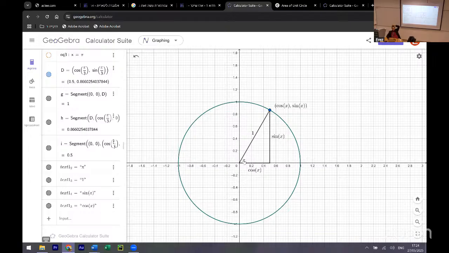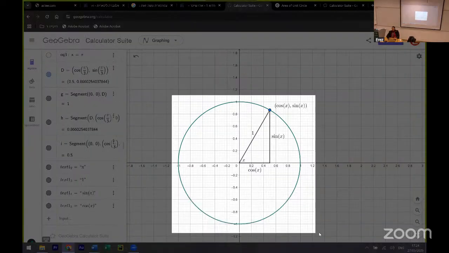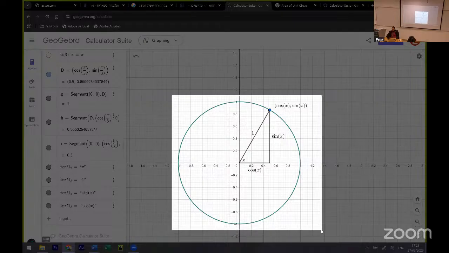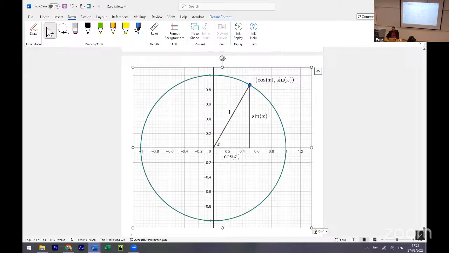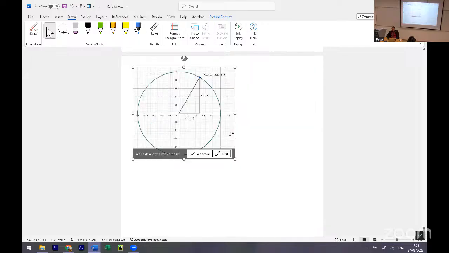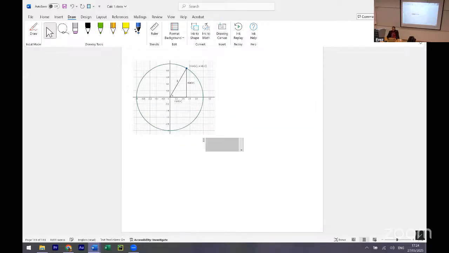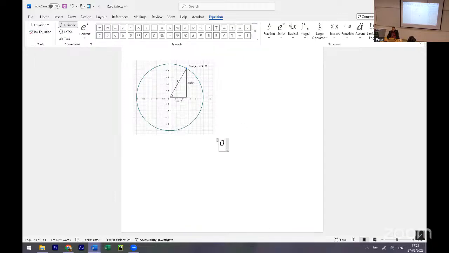the angle here is x, and these are the lengths of the edges. Agreed? Can one calculate the ratios of this specific triangle? Yes, it's not even that hard. It's just what they call division, right? So the opposite over the hypotenuse, what does that equal?